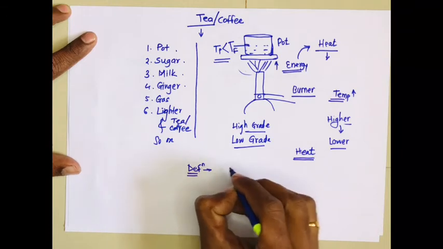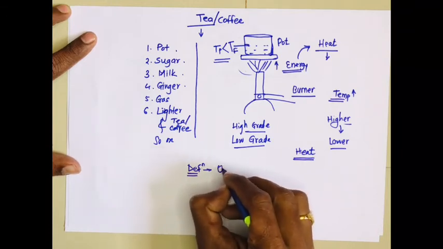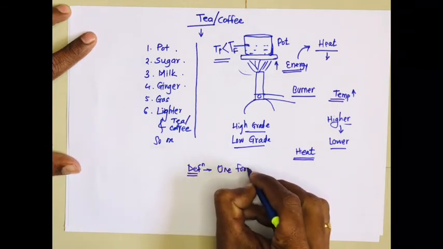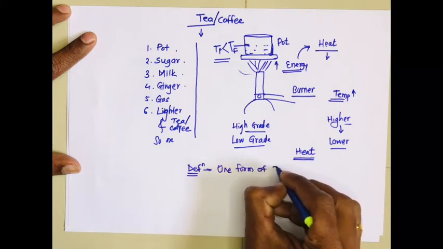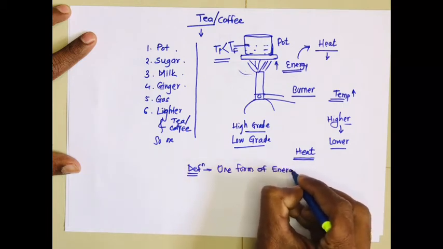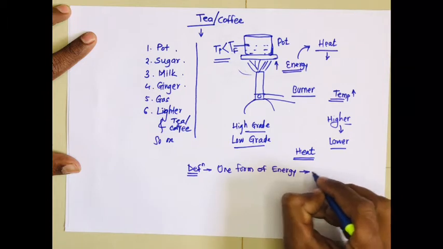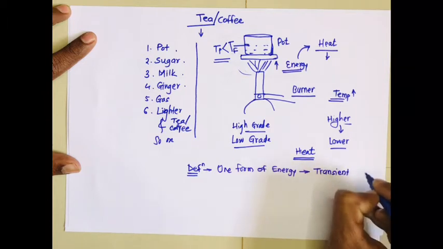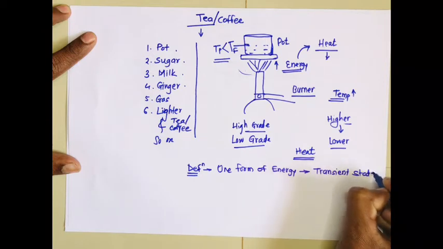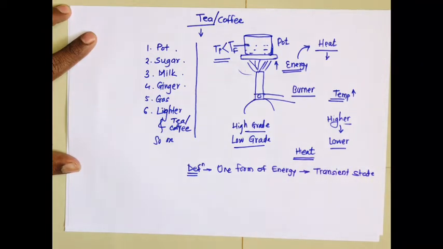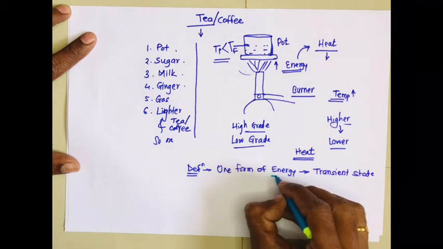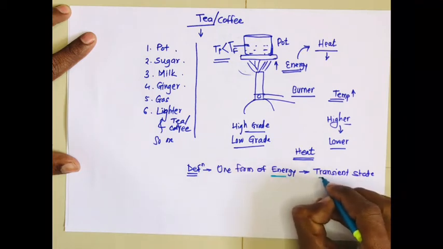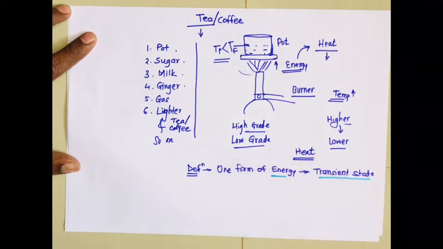The definition of heat is that heat is nothing but one form of energy which is in a transient state. Now here two more unknown terms are there. What is the meaning of energy and what is the meaning of a transient state?